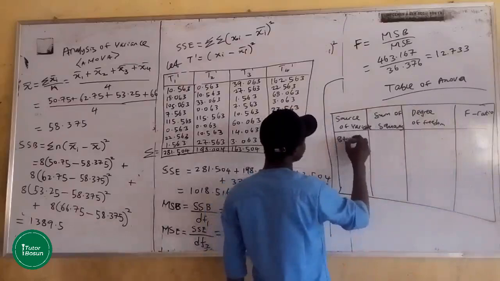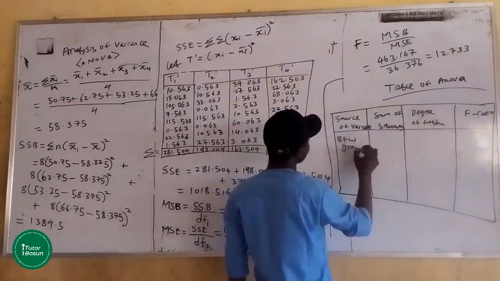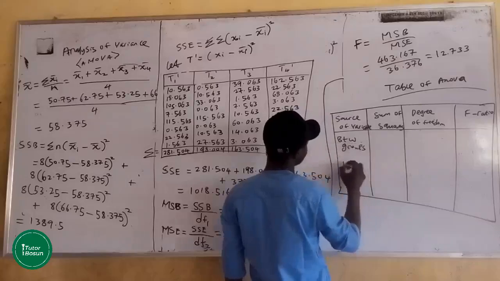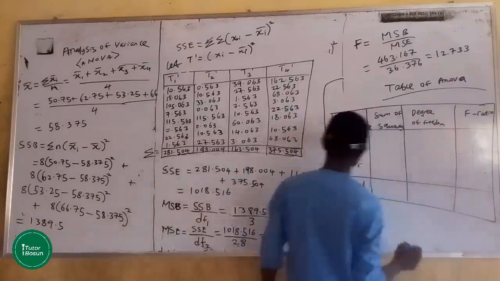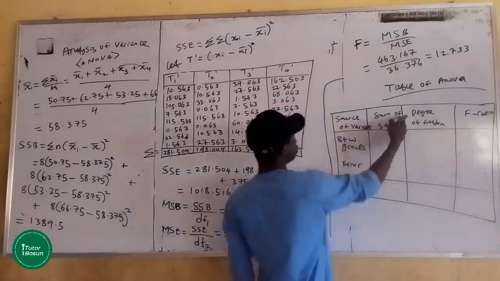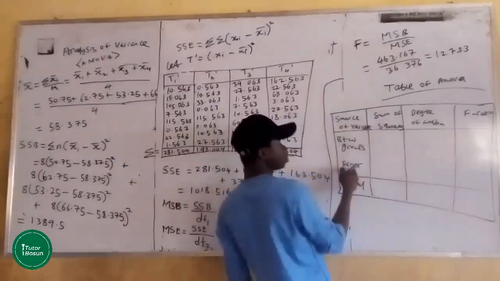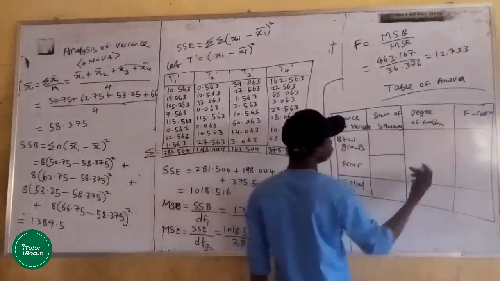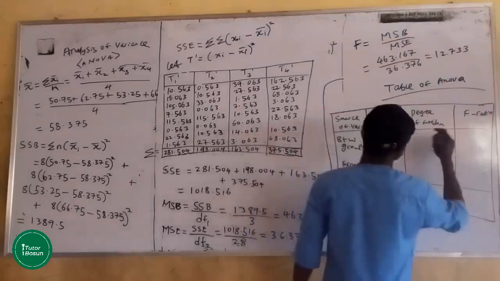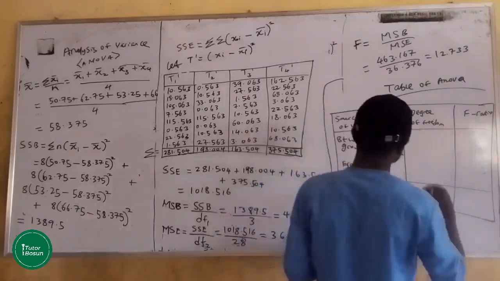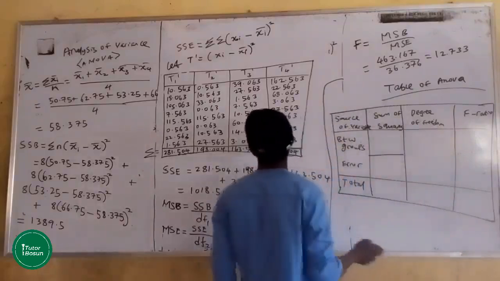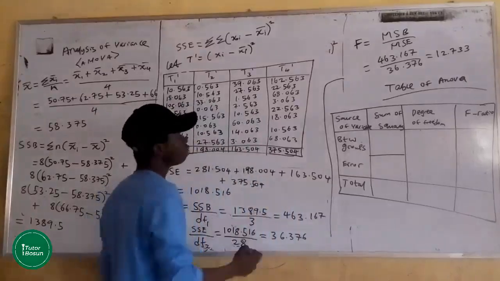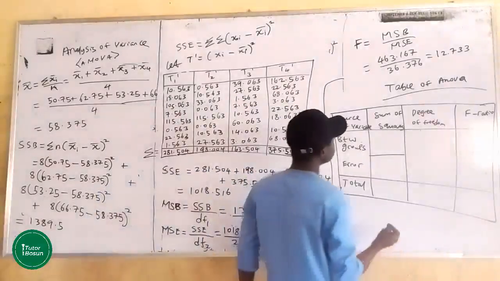Between groups, and we have what? We have error. So you can have the total as well. So here, we have sum of squares between groups, sum of squares of error. Here we look for the degree of freedom. You can also create a column for your means of squares.